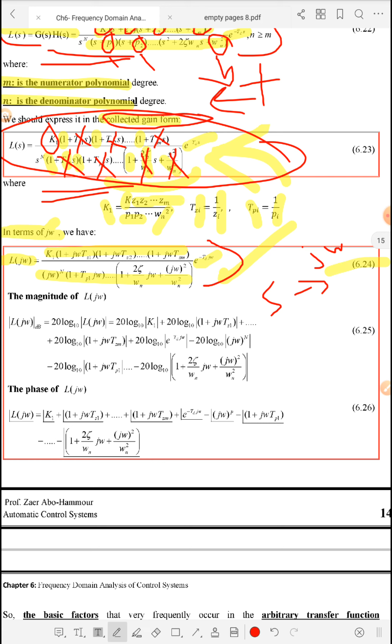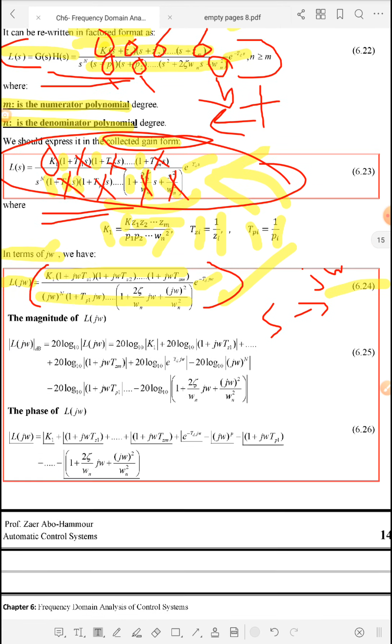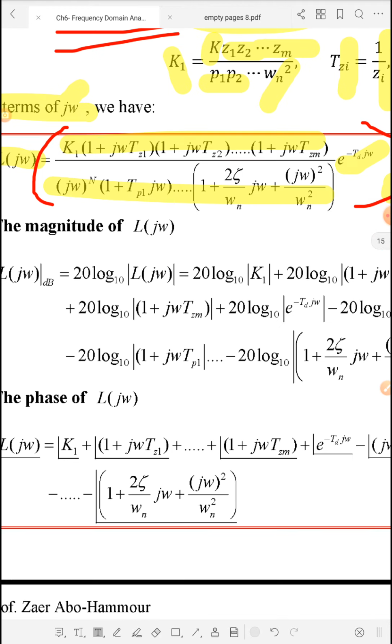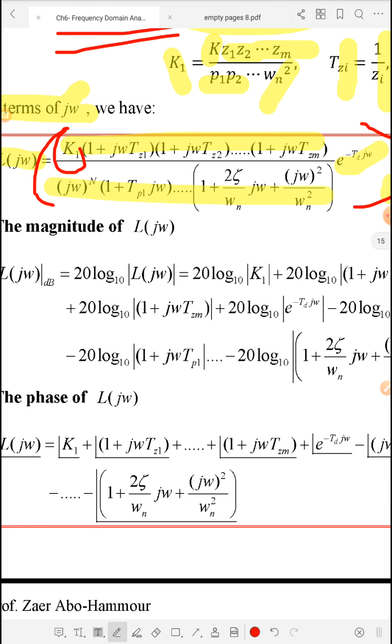As I discussed in the previous lecture, we will rewrite this equation as magnitude and phase. If we write it in the normal magnitude case, not the logarithmic scale, the magnitude of L of j omega will be the magnitude of K1 multiplied by the magnitude of this one, multiplied by the magnitude of this one, till the magnitude of this one.